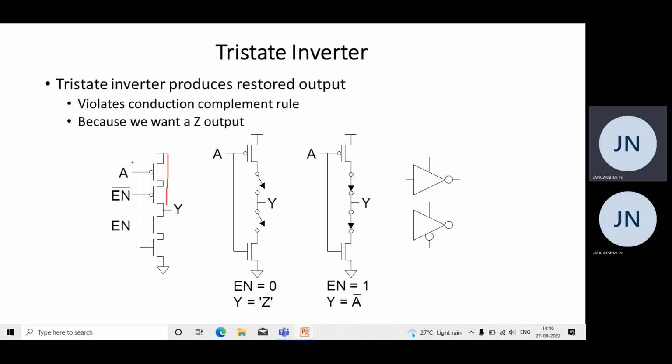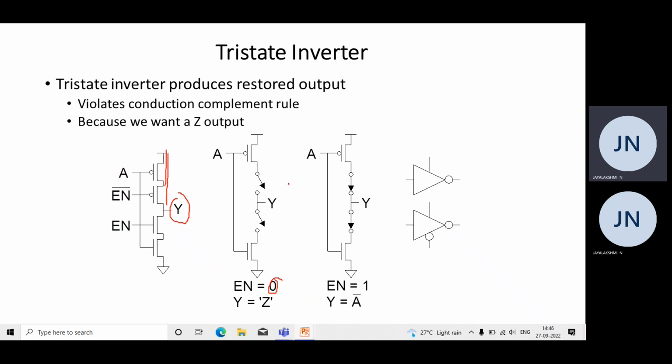If you observe figure A, it shows a tri-state inverter, and the output Y is actively driven from VDD or ground, so it is a restoring logic gate, and it does not obey the conduction complement rule.